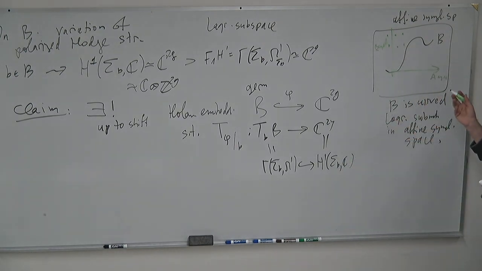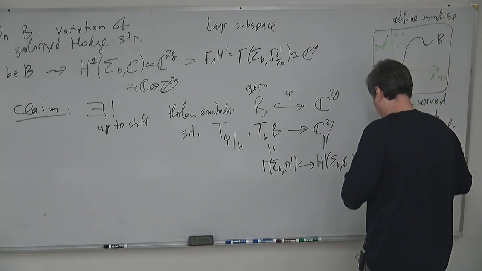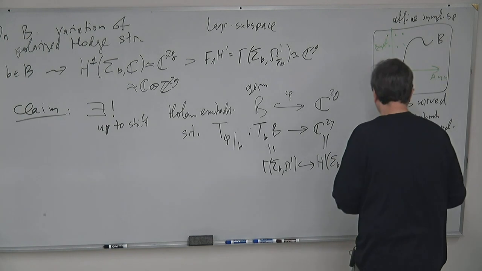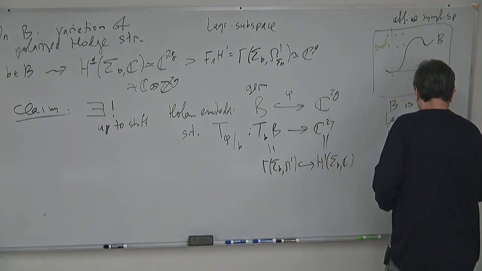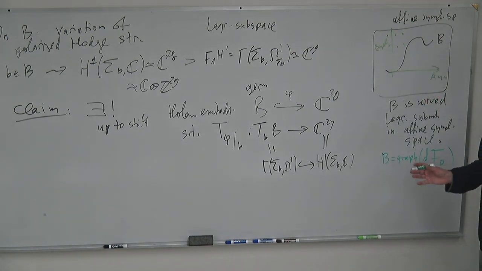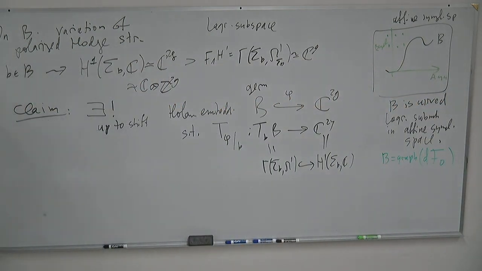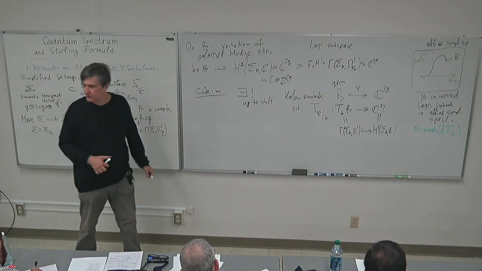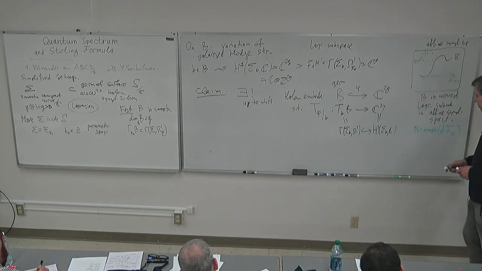Then B will be the graph of the differential of some function of G variables. And these functions people denote F0. It's the prepotential. So this F0 is a function on an affine G-dimensional space with integer coordinates. It describes the whole geometry of this moduli space.